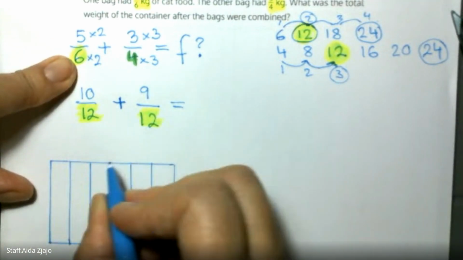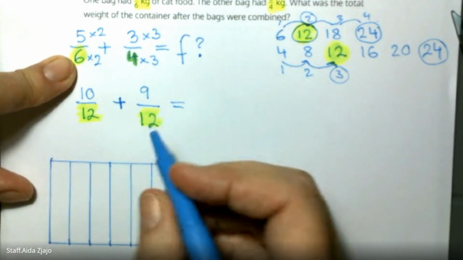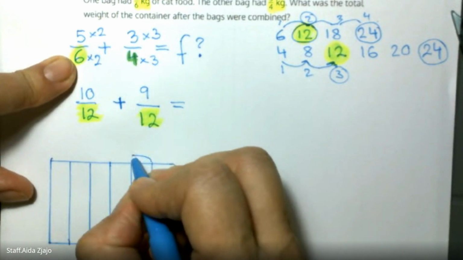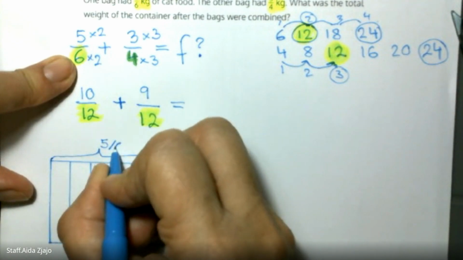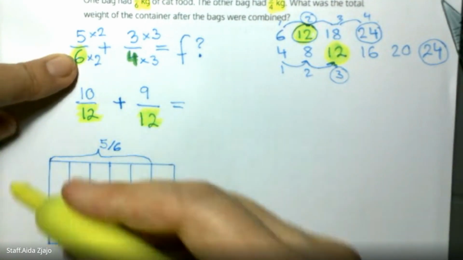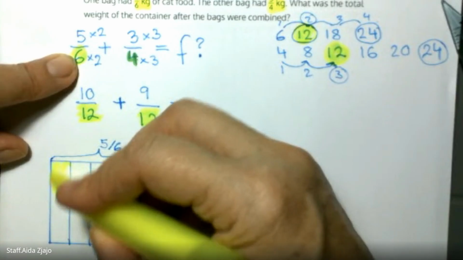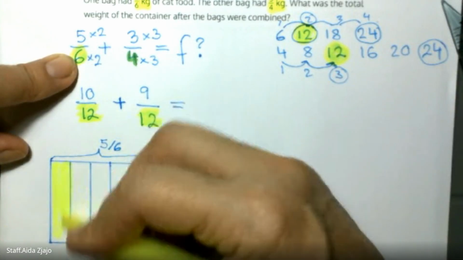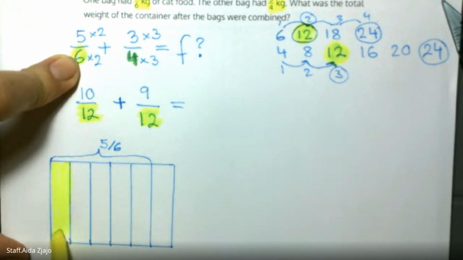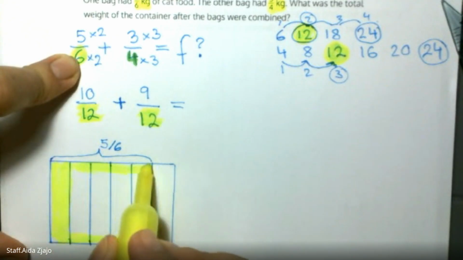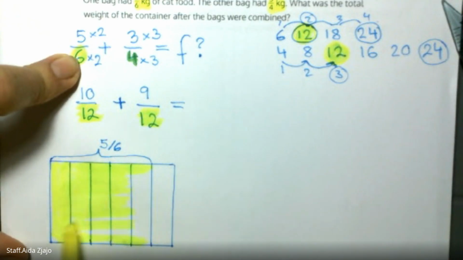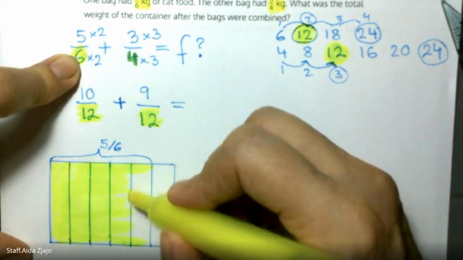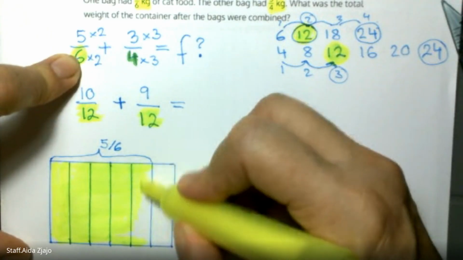So here is 5/6. 1/6 is missing because 6/6 would be the whole. I'm going to color it to show the 5/6.